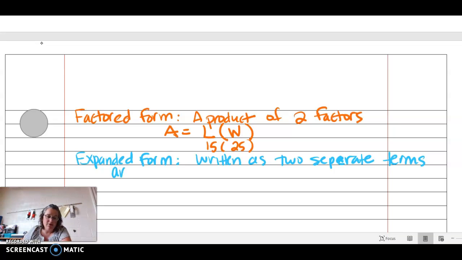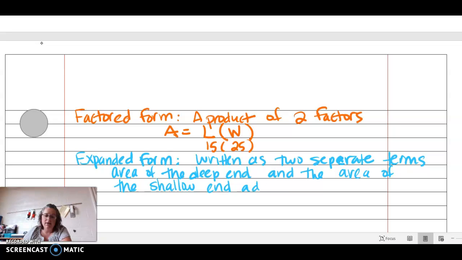For example, we did the area of the deep end and the area of the shallow end added together. So we said the area was equal to the 15 times the 5 and the 15 times the 20.